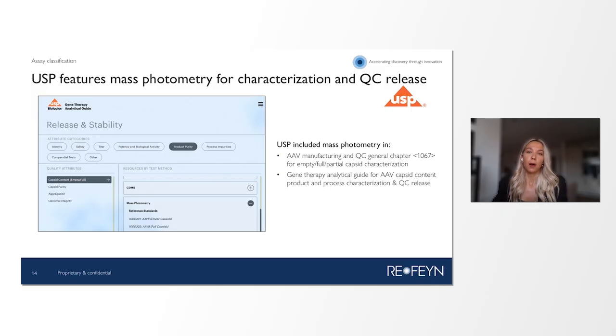Moreover, because of the general lack of reference controls and official guides, US Pharmacopoeia has also recently released a Gene Therapy Analytical Guide, where they included mass photometry as a method to test AAV capsid content and as a method for process characterization and QC release.